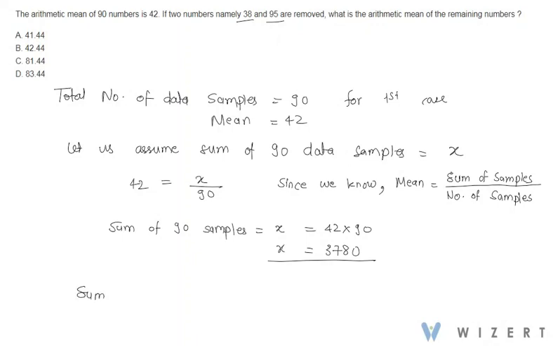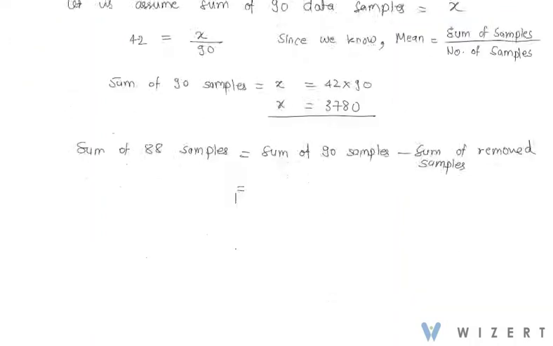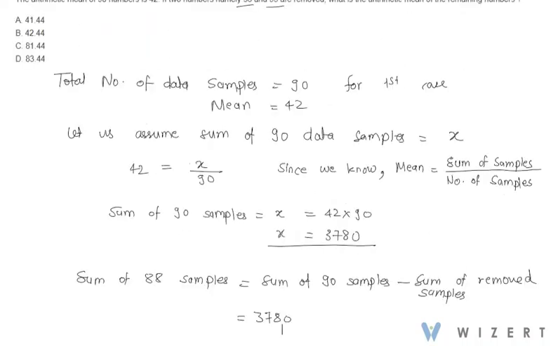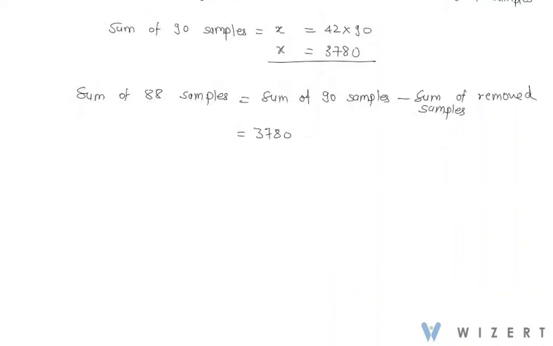So sum of 88 samples will be equal to sum of 90 samples minus sum of removed samples, which is equal to, let's see, we calculated sum of 90 samples as 3780, and we are given removed samples are 38 and 95. So that is equal to minus 38 plus 95.